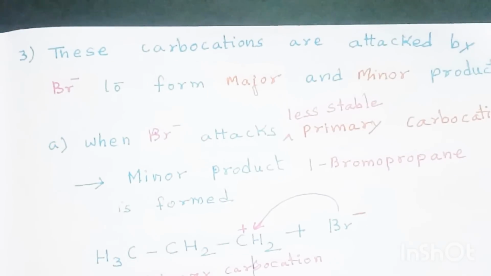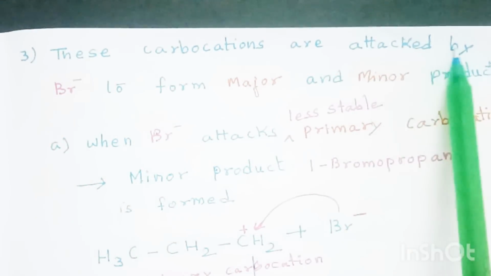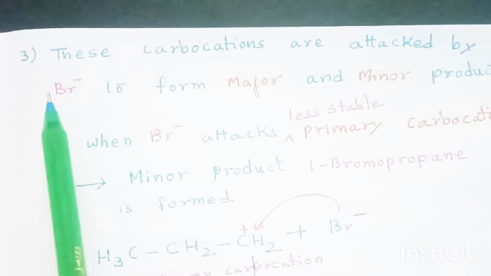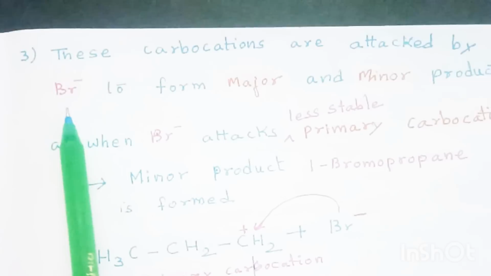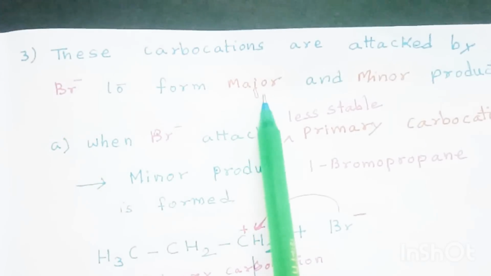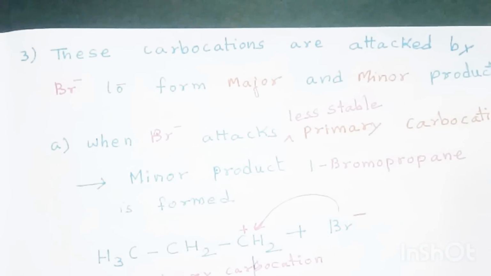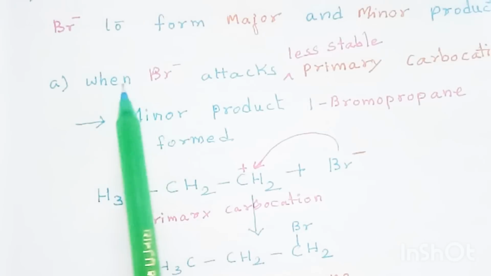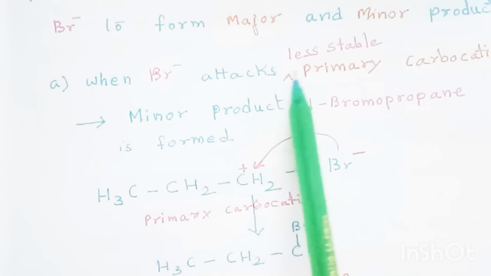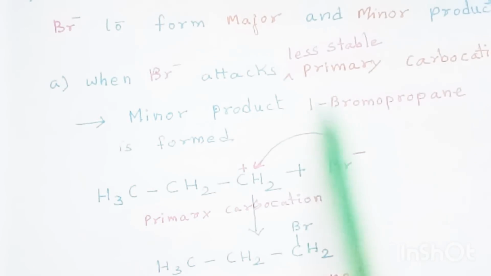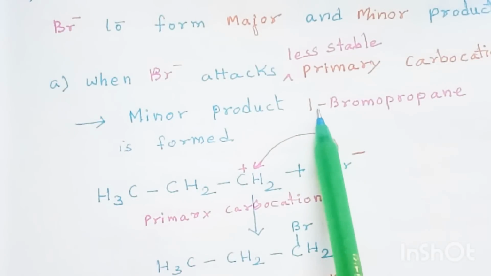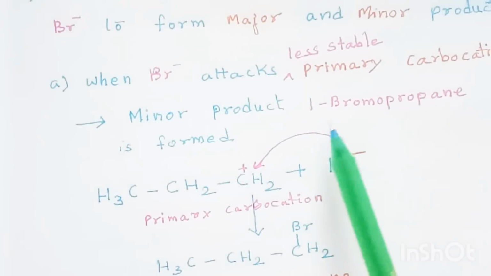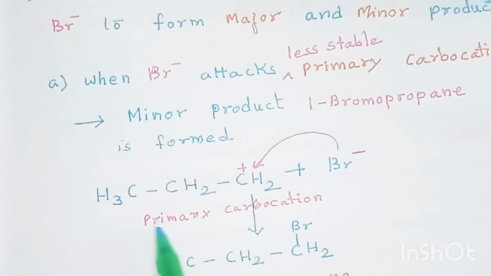Now, these carbocations that are formed are attacked by Br minus to form major and minor products. When Br minus attacks the less stable primary carbocation, minor product, 1-bromopropane is formed.